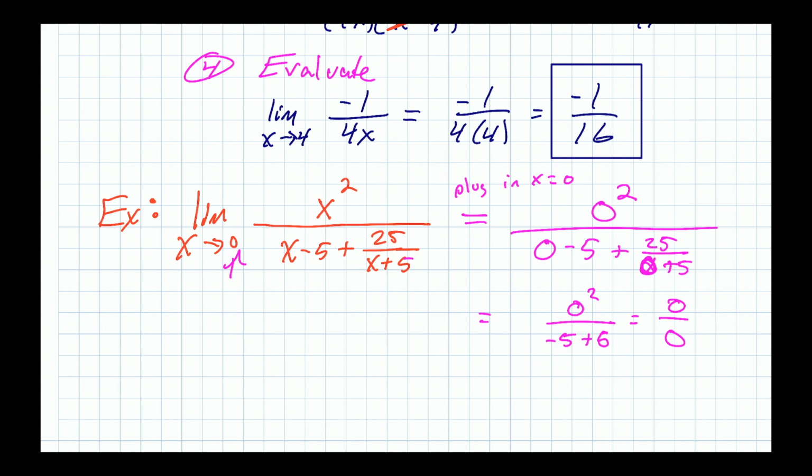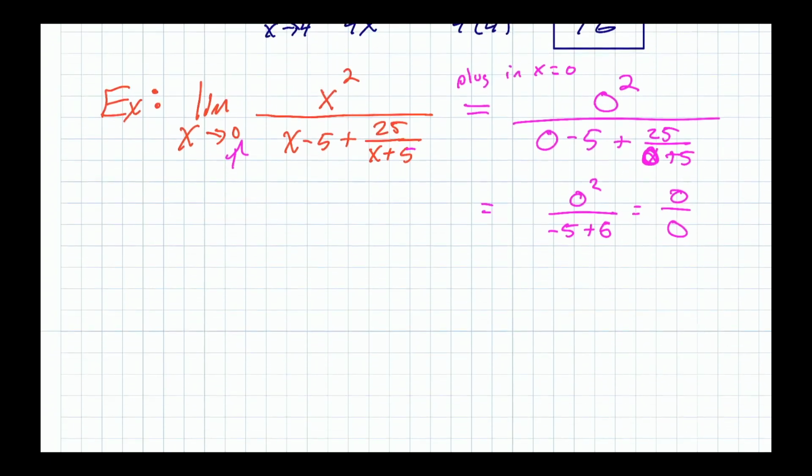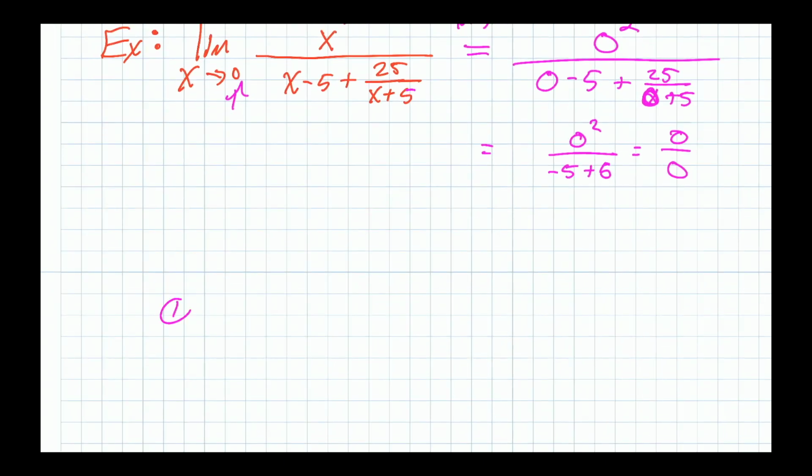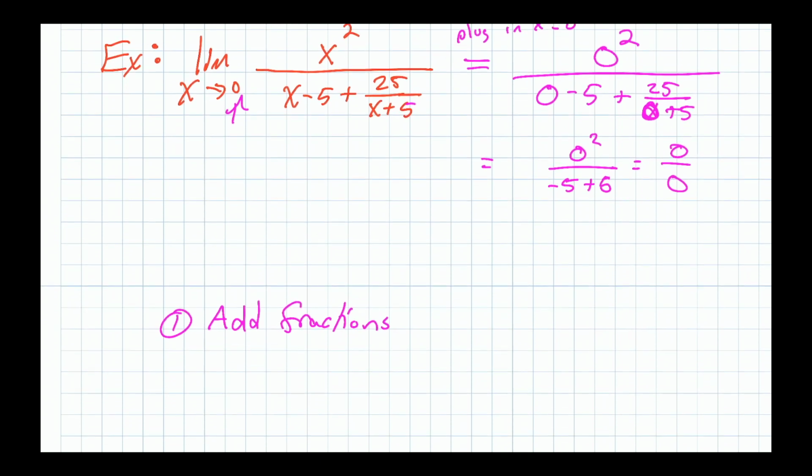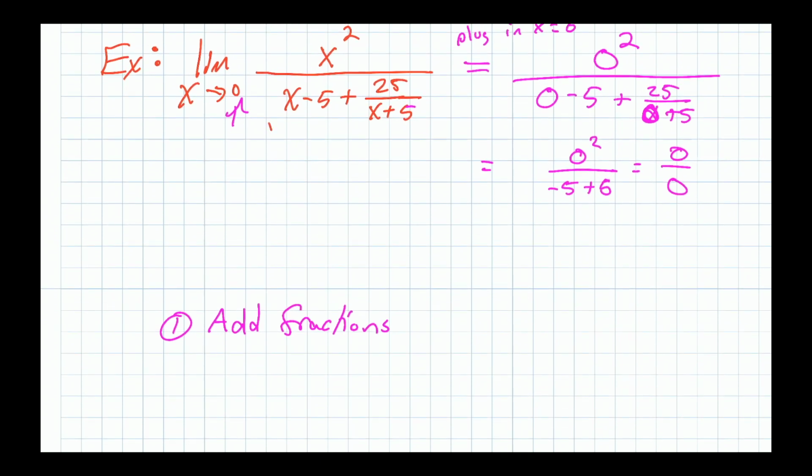All right, so let's do the steps here. Our first step, number 1, is we need to add any fractions. Glad we started with this one, because looking at it, I only have one fraction, but I'm going to actually have to add all this stuff together. When we say add fractions, we're going to add all of this.